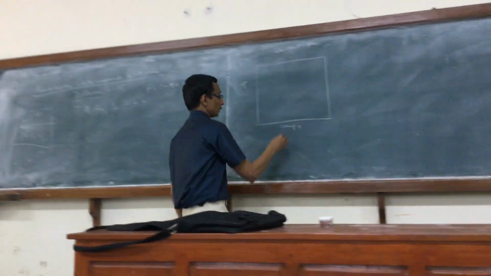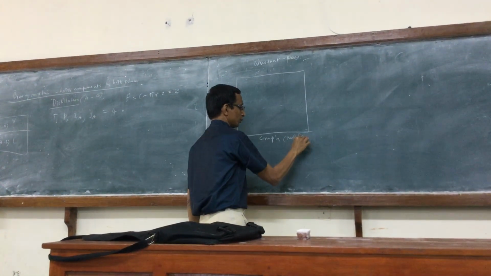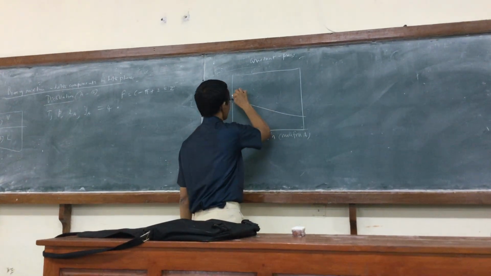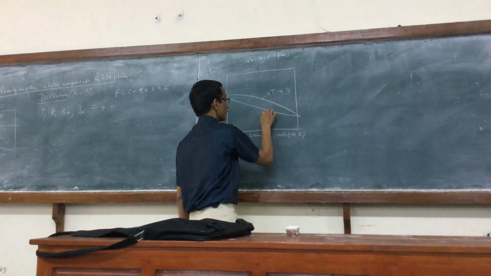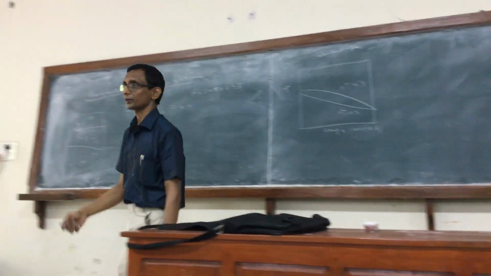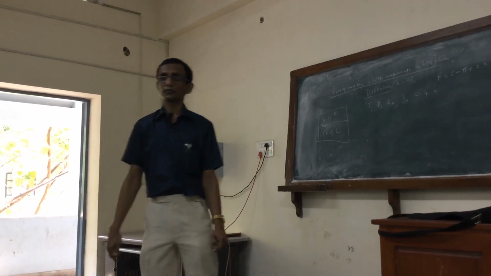So the composition will be the mole fraction of A. The temperature versus liquid composition will look like this, and the temperature versus vapor composition will typically look like this. How do we interpret this diagram in the context of the phase loop?